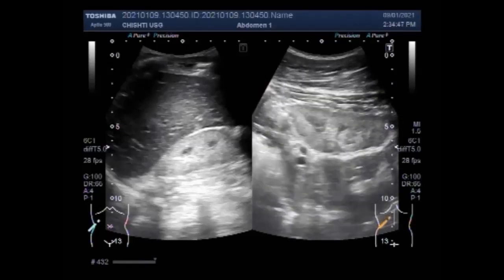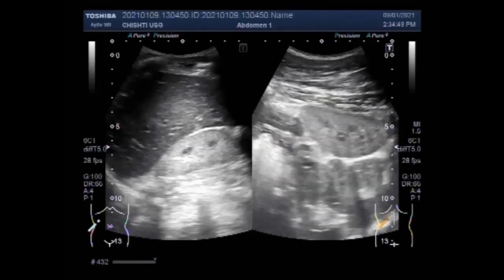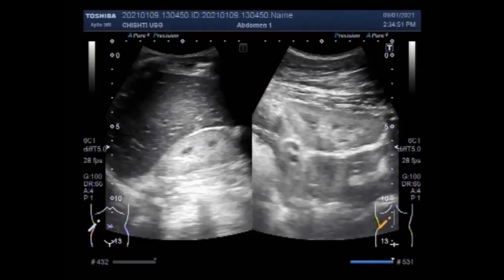You can see the kidney, and in this kidney also renal parenchymal echogenicity is increased and the cortical thickness is decreased.